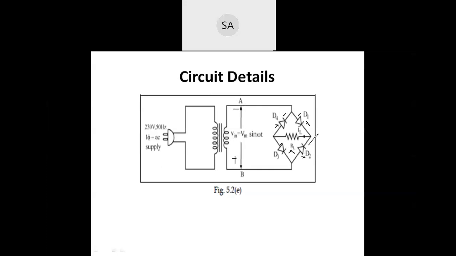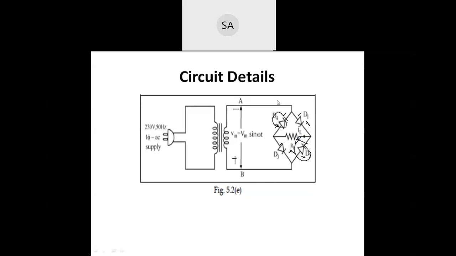So during the negative half cycle, the D1 anode potential is negative and the D3 anode potential is negative, whereas the D4 and D2 anode potentials are positive. So these two diodes will conduct, forward biased, and D1 and D3 will be reverse biased. So those two diodes will not conduct.